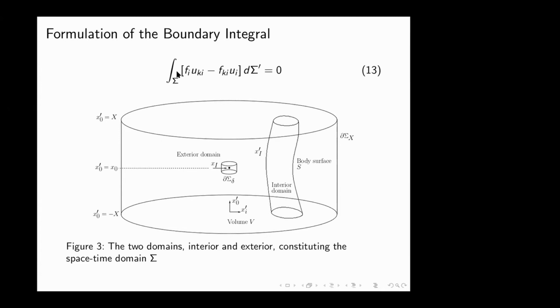He gives an integral over the domain of Fi times by U, which is the Fi represents the Navier-Stokes equation for the fluid point, UKI, which is the Navier-Stokes velocity, and then FKI, which is the Navier-Stokes equation for the Navier-Stokes times by UI, which is a fluid velocity.